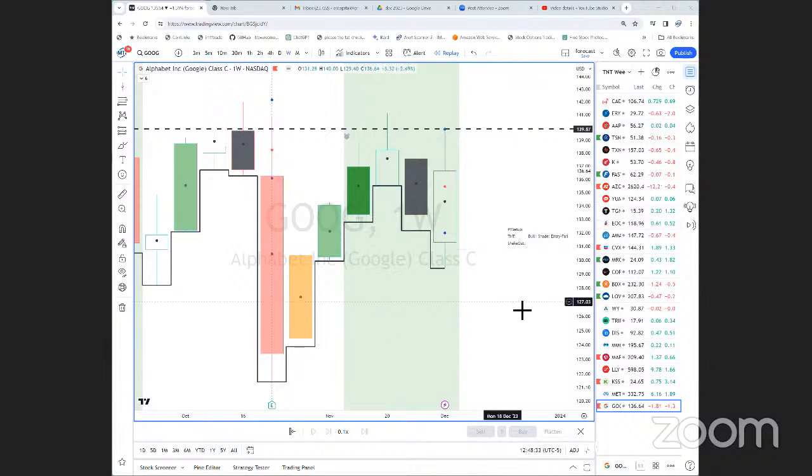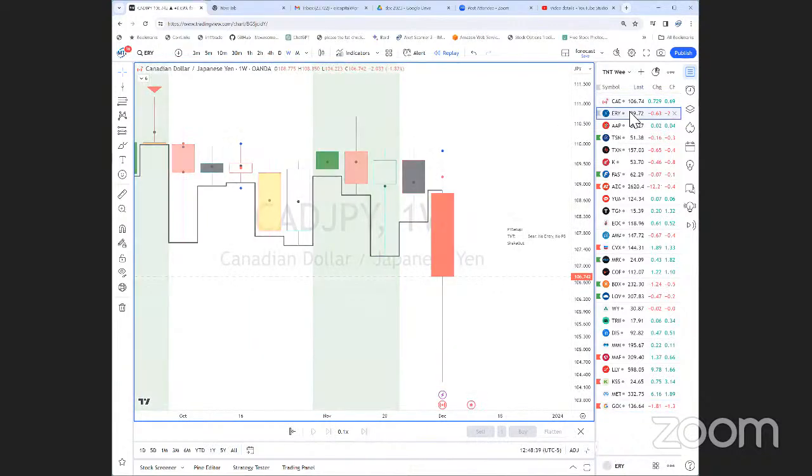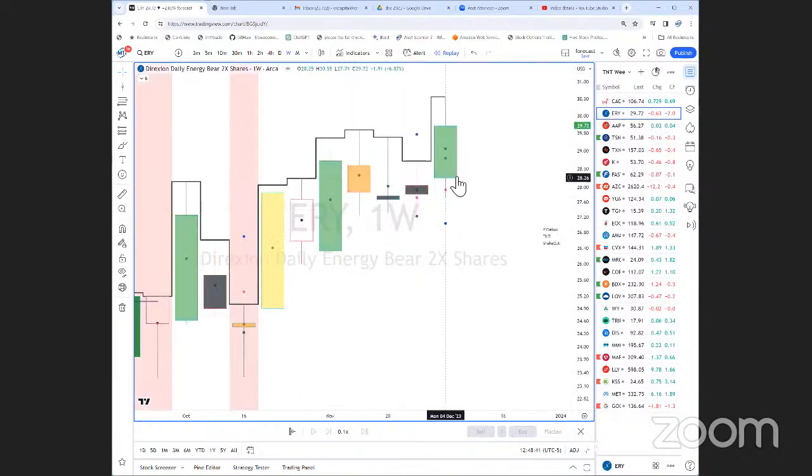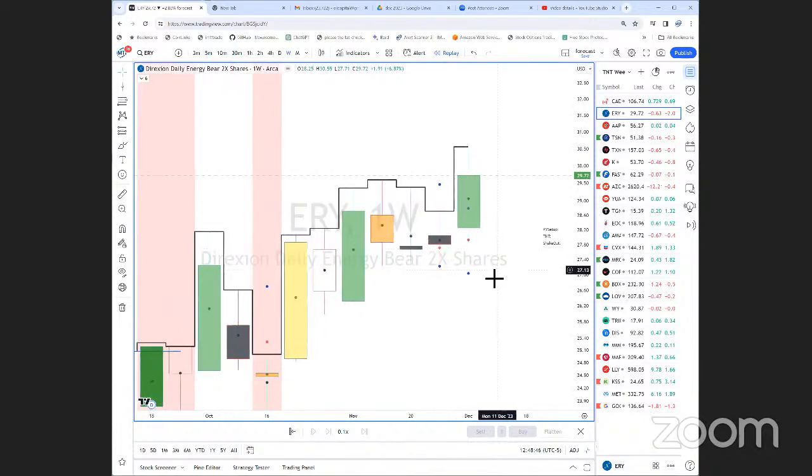And remember, as I mentioned before, this is the highest probability TNT strategy. There are scenarios in here where right here, you could enter without a shade, and we teach you those strategies in the program. Basically what you're looking for is before it hits the entry, you want it to hit the red dot. If so, then you could enter here, and this would have been a profitable trade.